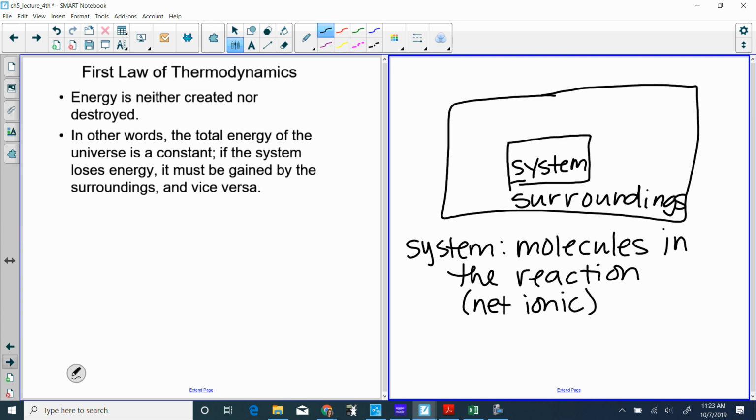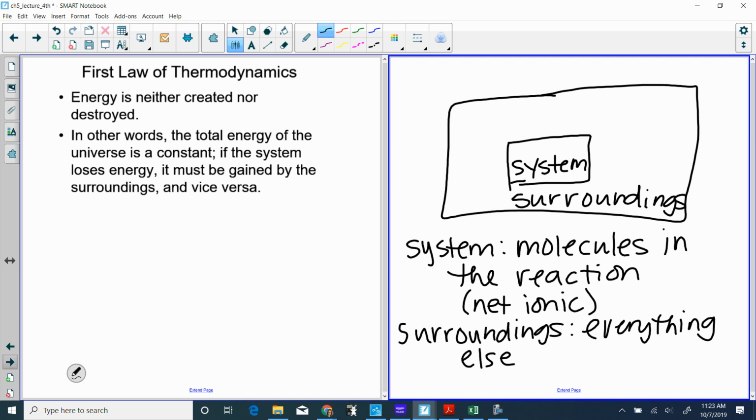So the H and the OH making the water. Everything else is called the surroundings. Yep, those are surroundings. The water in an aqueous solution is the surroundings. They're not involved in the reaction part, okay? Only the net ionic stuff.